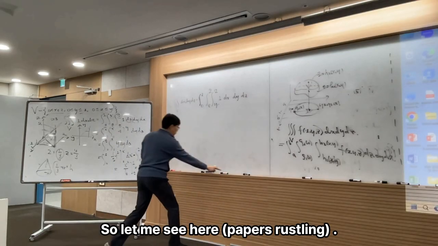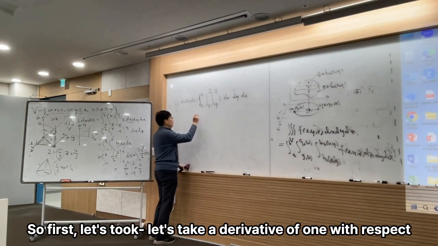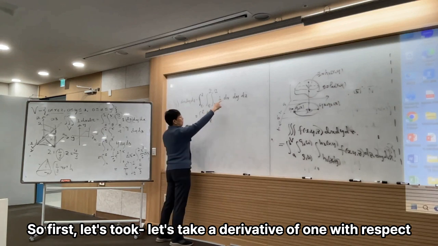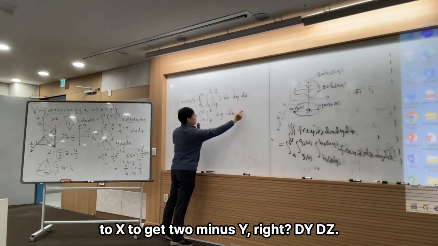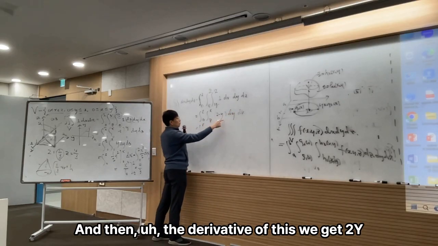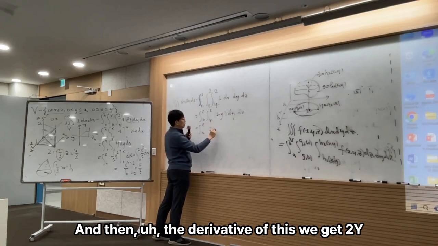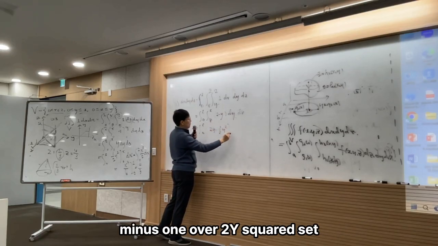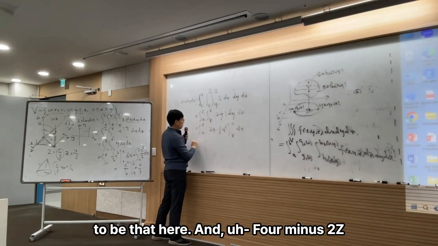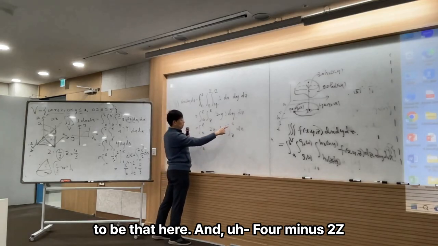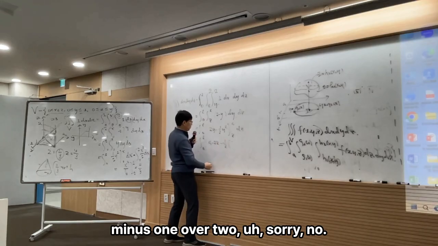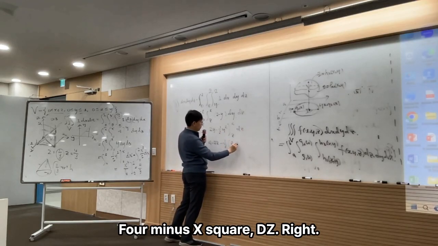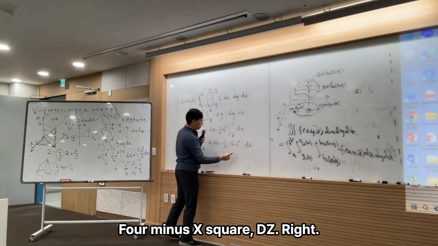But first, let's take the derivative with respect to x to get 2 minus y, dy dz, and then the derivative of this, we get 2y minus 1/2 y squared dz here, and 4 minus 2z minus 1/2, 4 minus z squared dz, right?